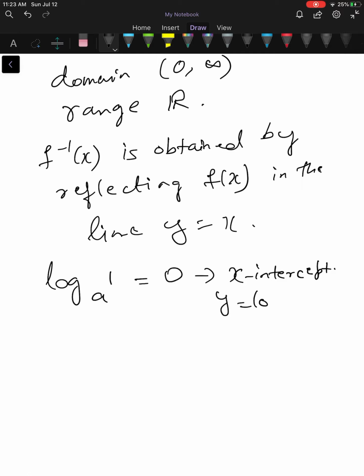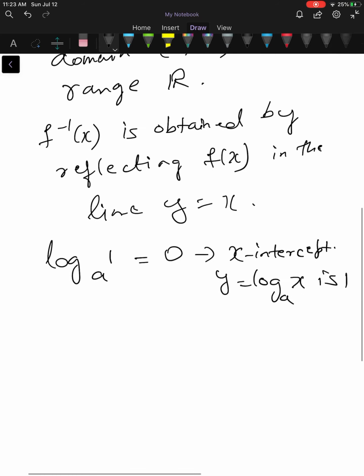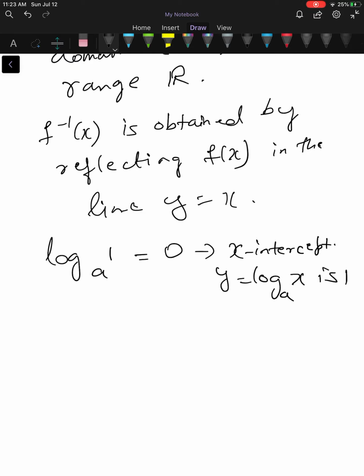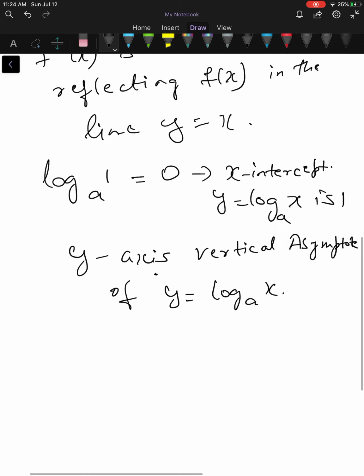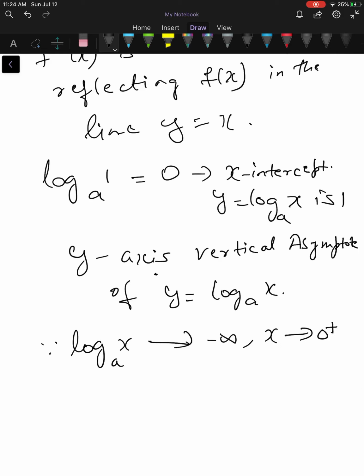So the x-intercept of y is equal to log x to base a is 1, and the y-axis itself is the vertical asymptote of y is equal to log a x, because log x to base a tends to negative infinity as x tends to 0 from the right.